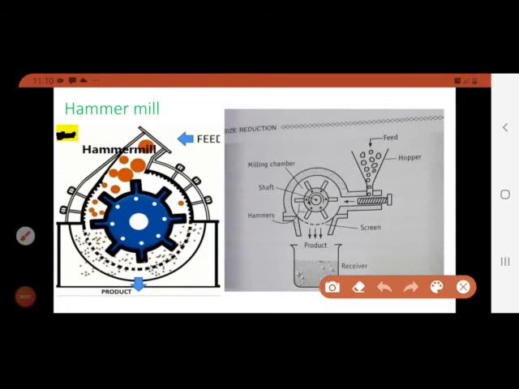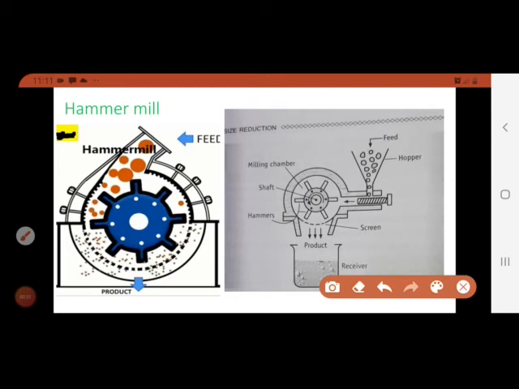Hammer mill. Hammer mill operates on the principle of impact. Let's see about the construction. Hammer mill consists of a stout metal casing enclosing a shaft. Two or more hammers are attached to the shaft by means of swivel joints, so the hammers swing out to a radial position when the shaft is rotated.